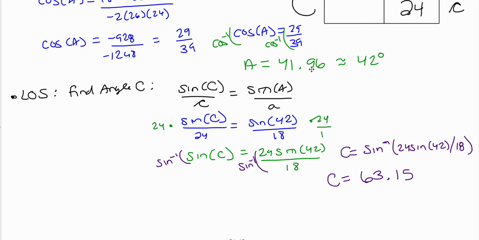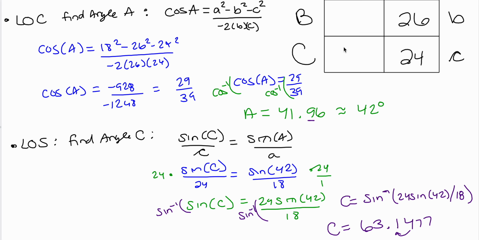So even the 41.96, if I rounded that to the nearest 10th, it will still be 42. So to the nearest 10th, it's going to be 63. It was actually the value of 63.1477. So this 4 makes that 1 stay the same. So C is 63.1.